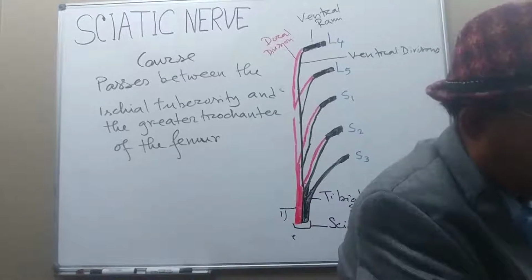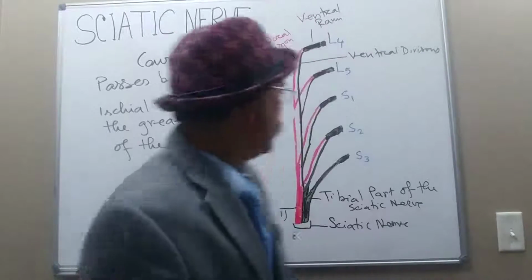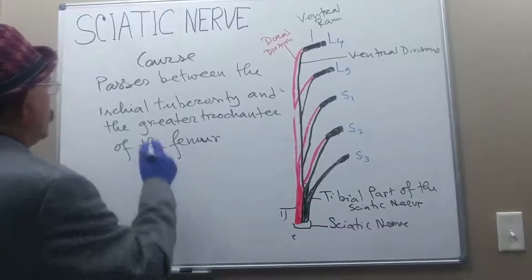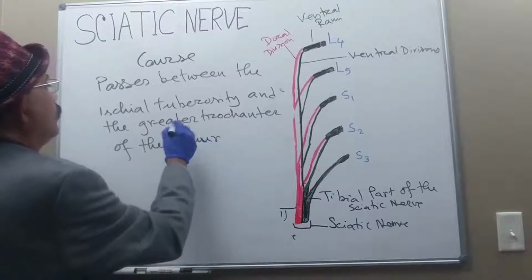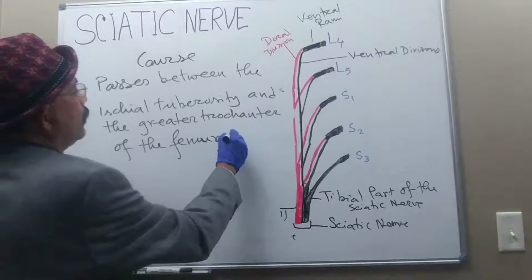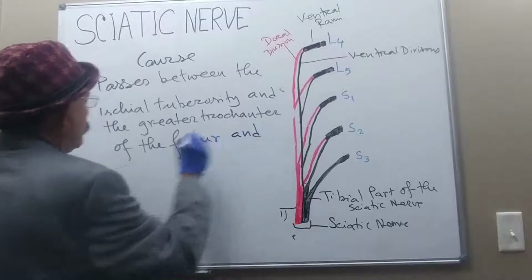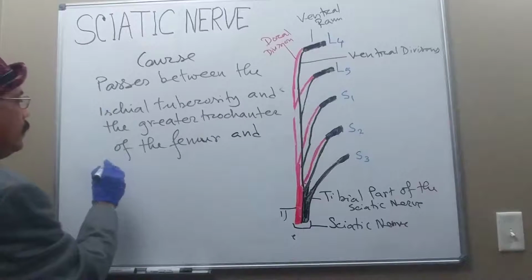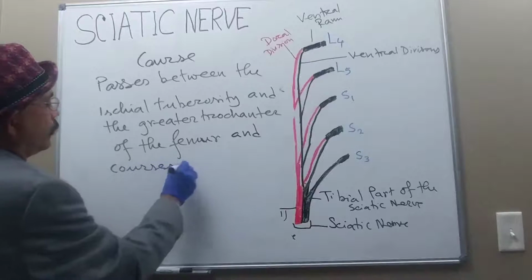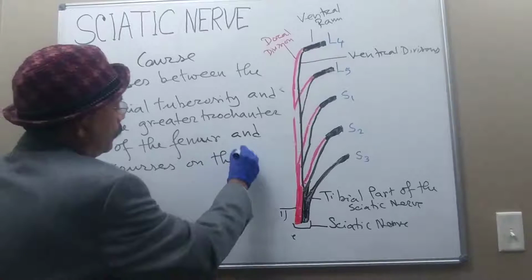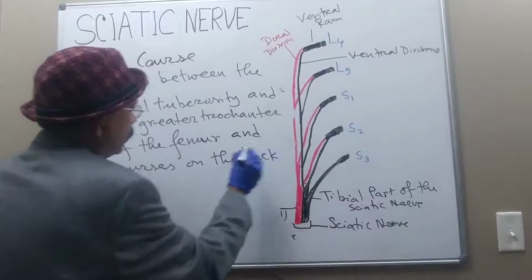Then between the ischial tuberosity and greater trochanter of the femur, it courses on the back of the thigh.